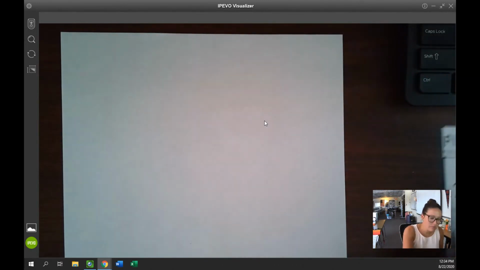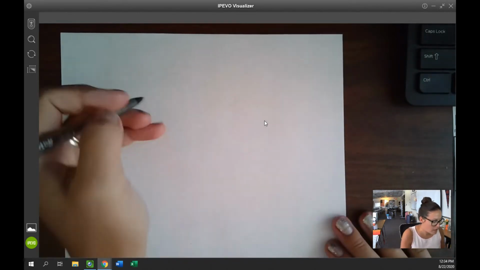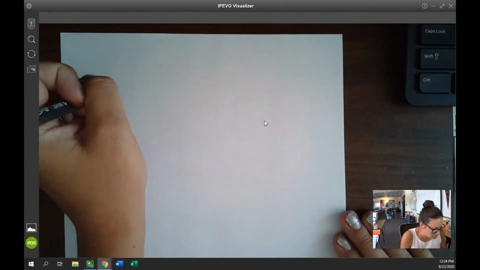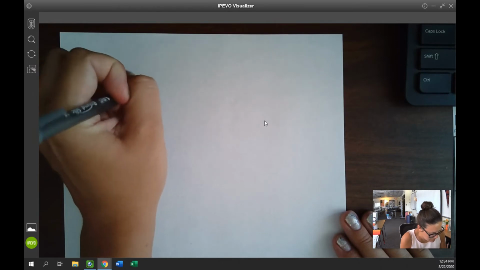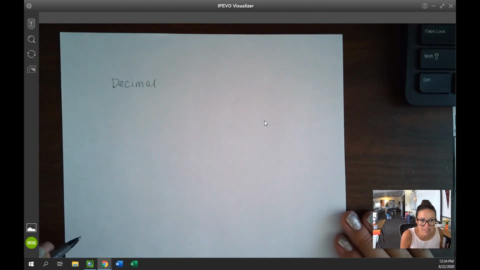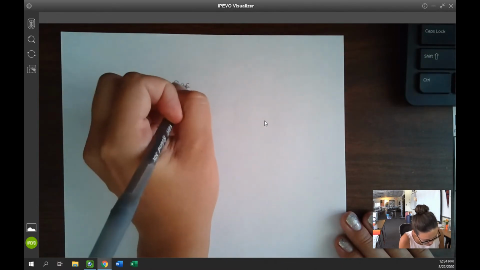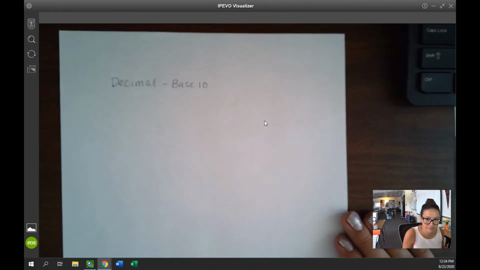So I want to talk about just regular numbers. In normal life, we live in a decimal system, which is what we call base 10. Why is it base 10?